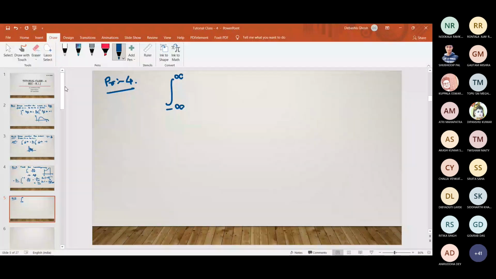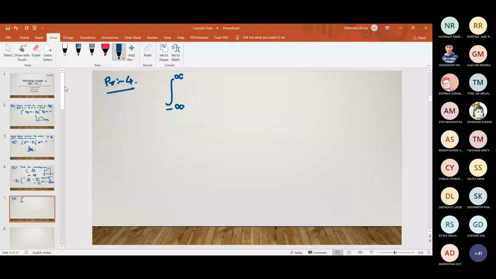Sir, I am facing a problem, sir, to evaluate an integral. Can I ask? Ask. Integral zero to infinity dx by root over 1 plus x square.